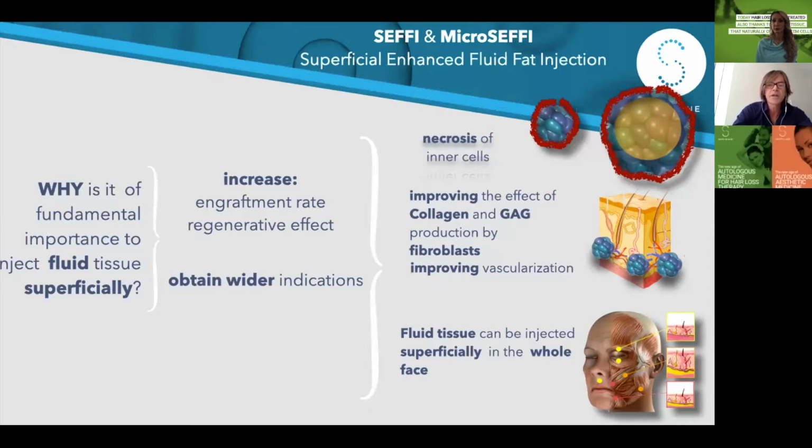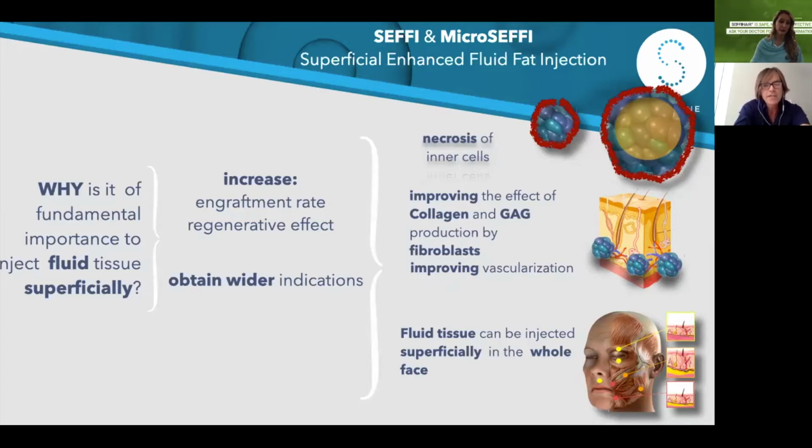This increases the engraftment rate, the regenerative effect, and gives a wider indication. If you inject a big cluster, the inner cells can necrotize. Injecting the tissue superficially, you improve the effect of collagen and glycosaminoglycan produced by fibroblasts and improve vascularization.